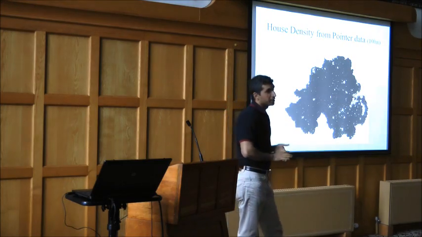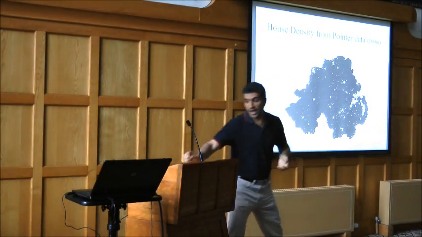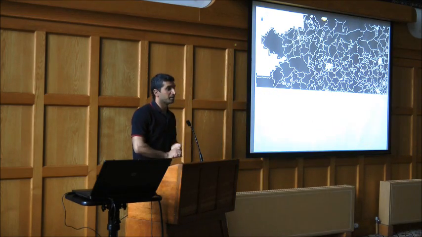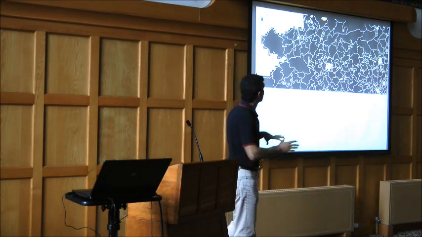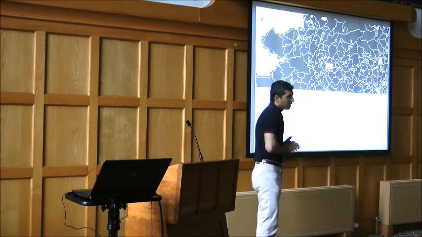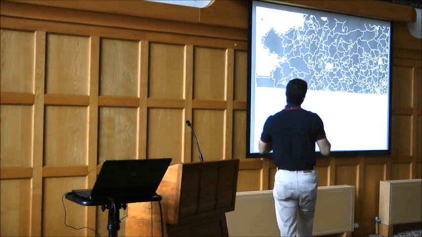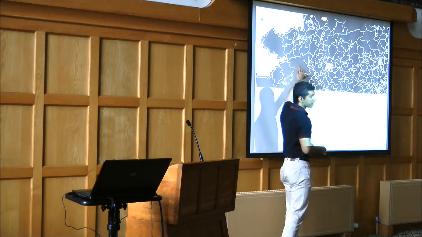House density is calculated from the point data, and then the digital site boundaries come on top of the housing density. So I will be able to calculate the total density per polygon also.